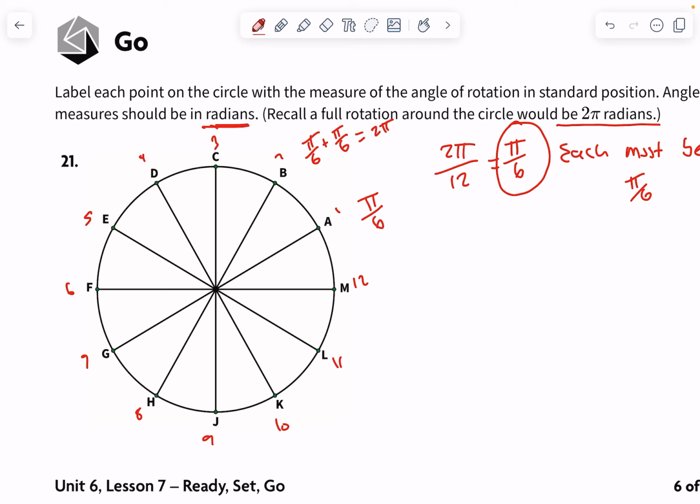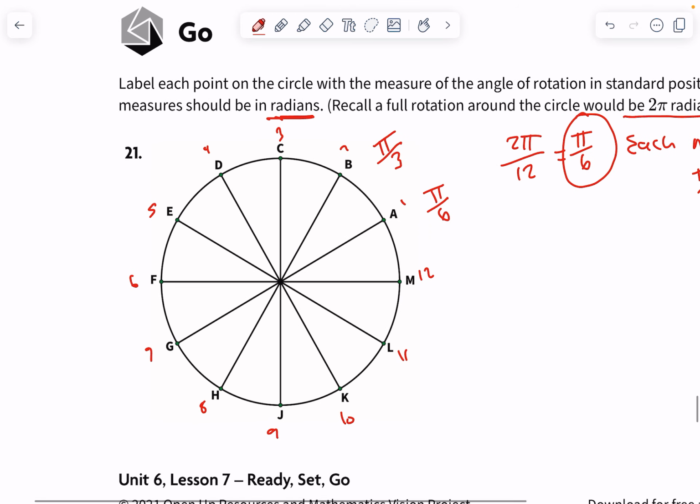This is 2 pi over 6, which is pi over what? Pi over 3, right? So I'm going to erase this and just keep pi over 3 here. Now the next one, same thing. This is 1 pi over 6, I'll make this 2 pi over 6. The next one will be 3 pi over 6, which is equal to just pi over 2.